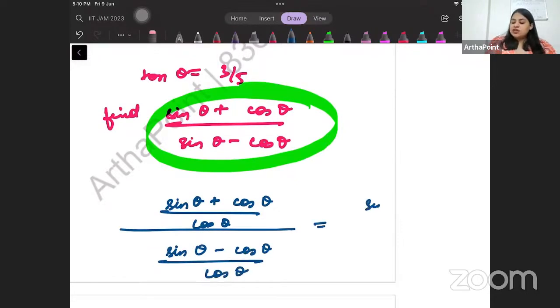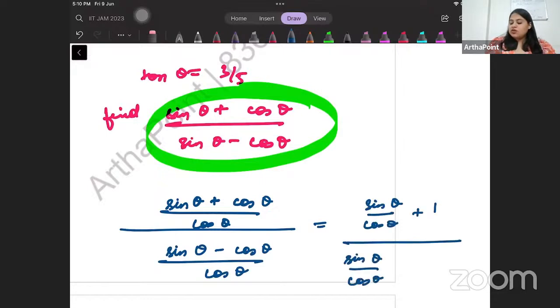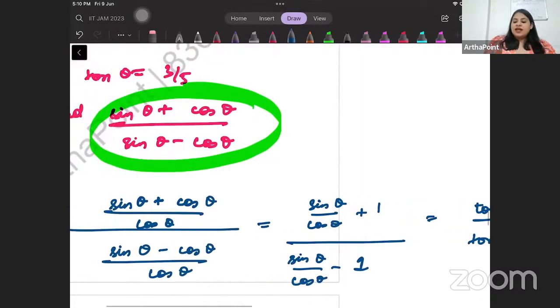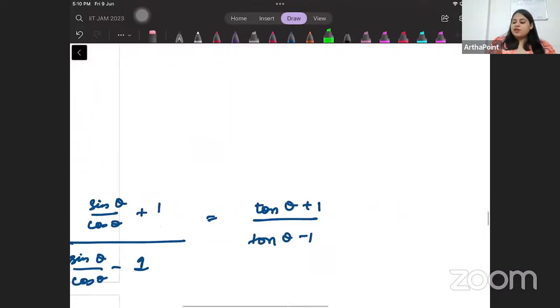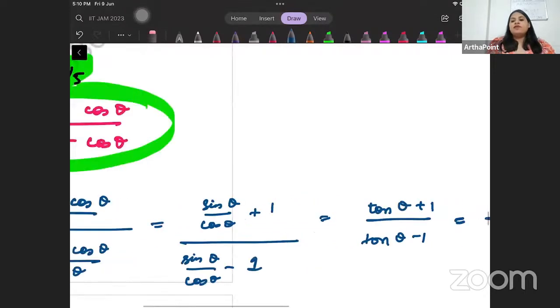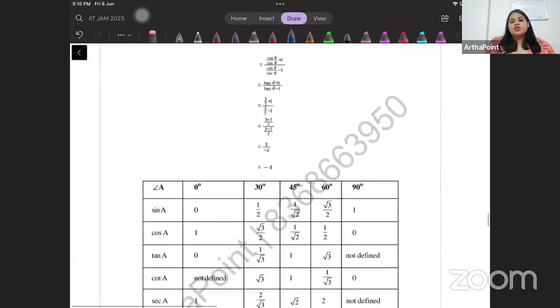So this is going to be sine theta by cos theta plus 1 upon sine theta by cos theta minus 1. So this is going to be tan theta plus 1 upon tan theta minus 1. And tan theta is given as 3 by 5. So beta, this is going to be 3 by 5 plus 1 upon 3 by 5 minus 1. Solve it, beta, this will come down to be minus 4.